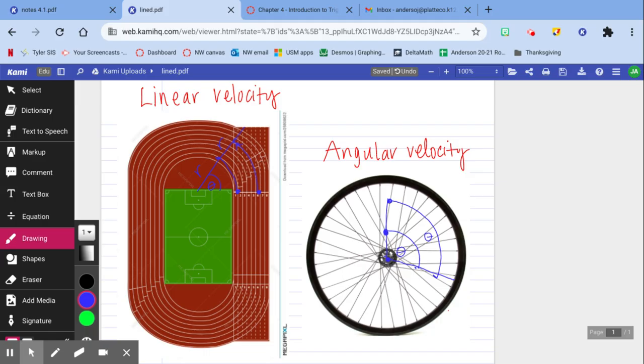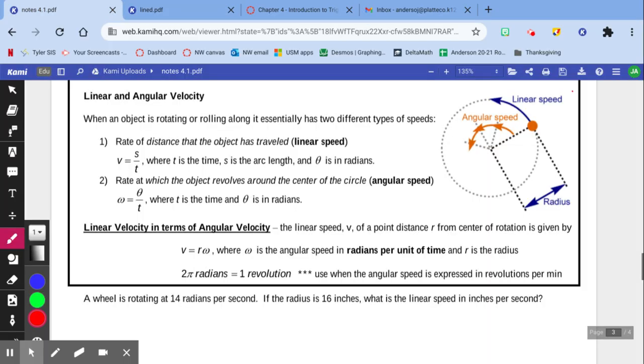As this angle changes, the angular speed actually stays the same for this little tab and this one, when we're pairing it with the angle. Let's hop back over to these notes.